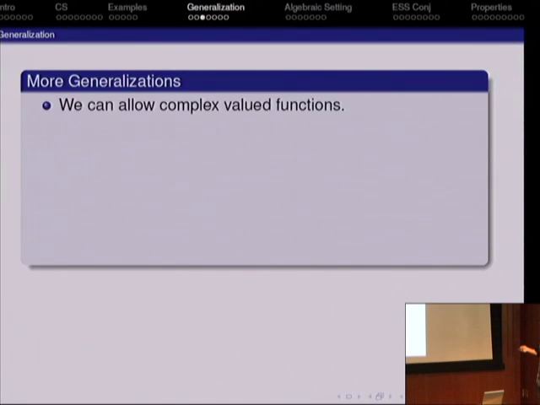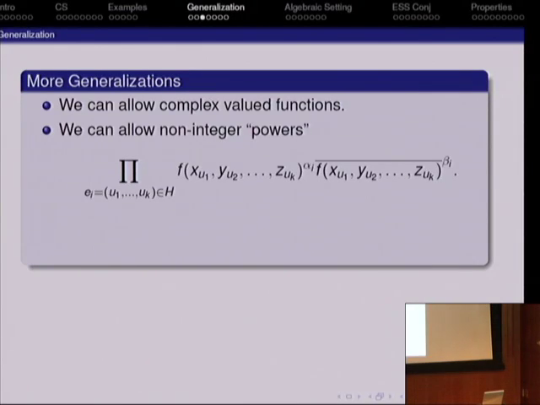The other thing is, let's also allow complex valued functions. Now we have to take conjugates and so on, and also, why just allow integer powers? Let's allow non-integer powers, or powers not larger than 1. So we can look at these kinds of products.